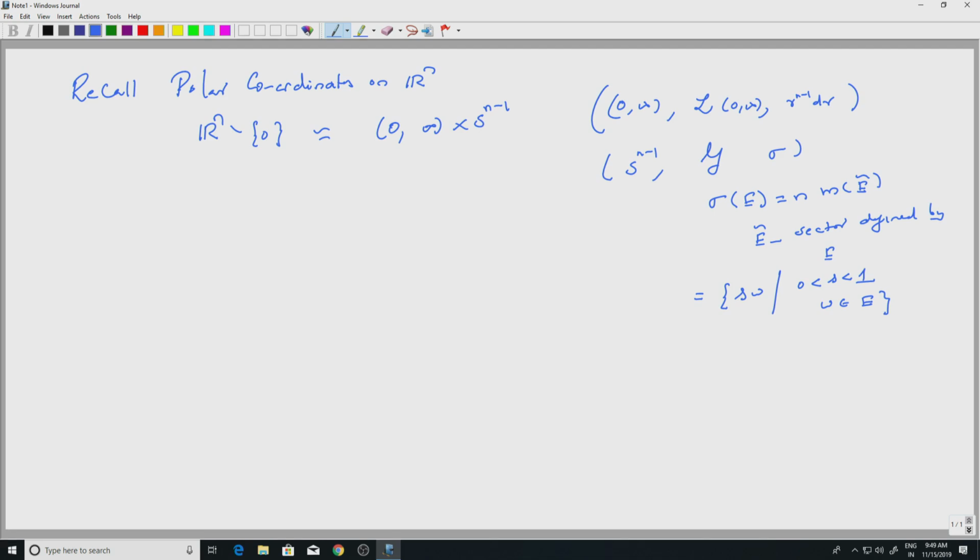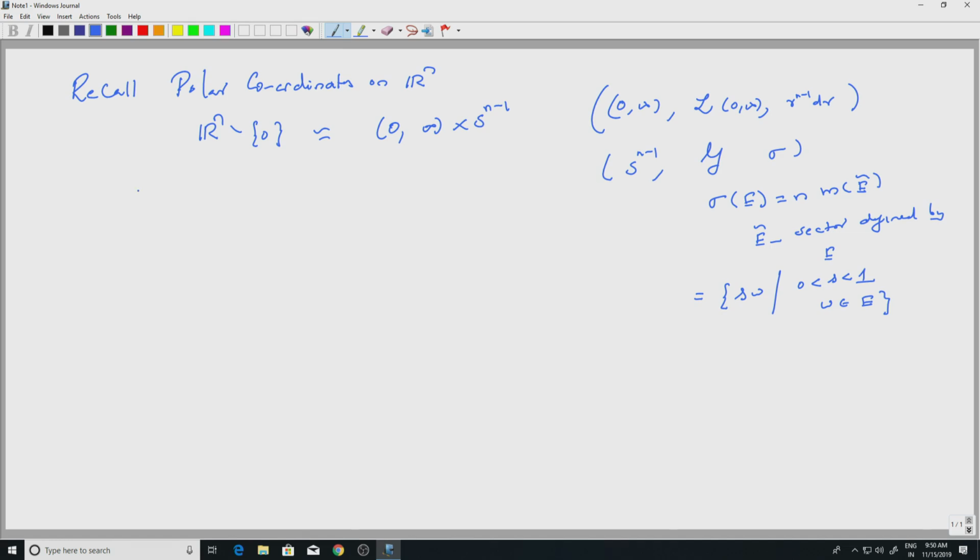So, some points on the unit sphere, you draw the lines from those points to the origin, not including the origin. That is your sector, and you look at the Lebesgue measure of that. That is your sigma. So, this gives us the polar coordinates.